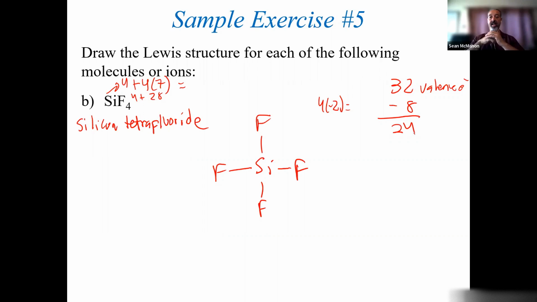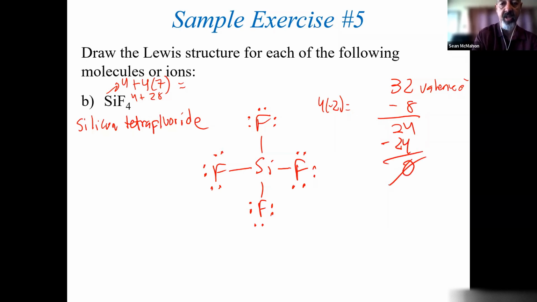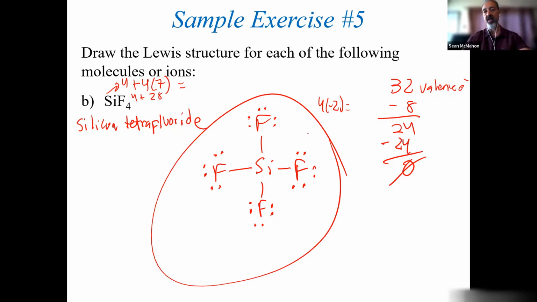So fluorine, I need to add 3 lone pairs to each of them so that they have an octet. So when I do that, 2, 4, 6, 8, 10, 12, 14, 16, 18, 20, 22, 24. I've used up all the electrons, I have no more, but everything's happy and has an octet.